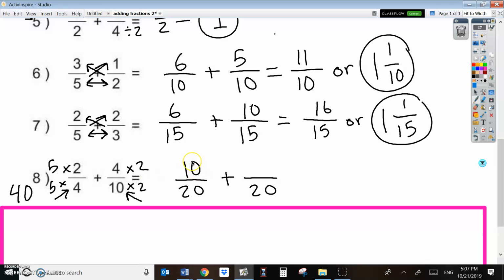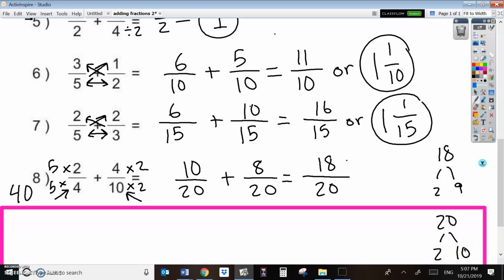So you get 10 over 20 and 8 over 20. Altogether, that's going to be 18 over 20. But you know that 18 has a factor of 2 and 9, and 20 has a factor of 2 and 10. Divide these both by 2, and you get 9 over 10.